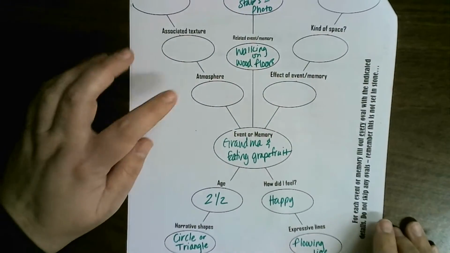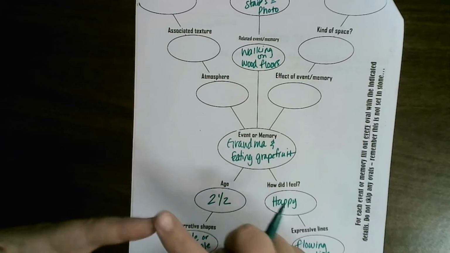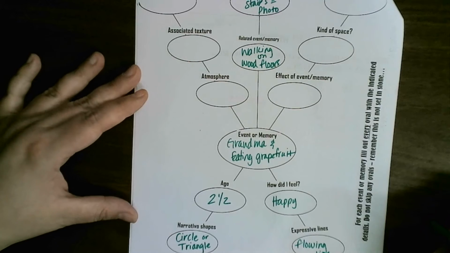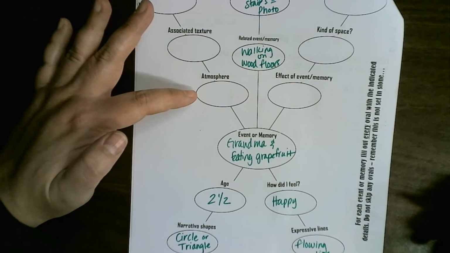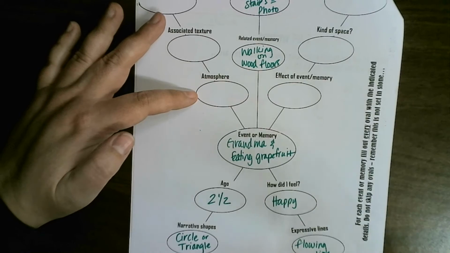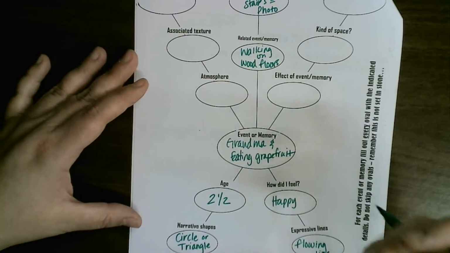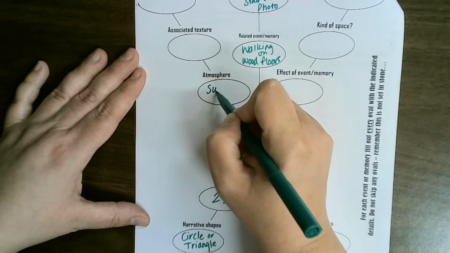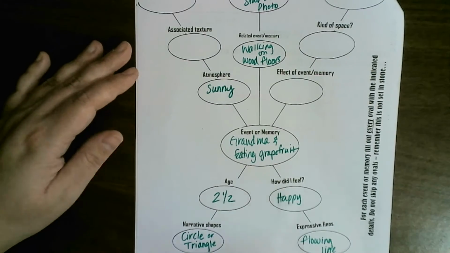All right, so what do I remember as far as the atmosphere goes? How was the actual environment? Was it windy? Was it snowy? Was it cold? Was it rainy? Was it hot? Some of you might get a little deeper and say, oh, the atmosphere in that situation was overwhelming to me. I felt like I couldn't breathe, etc. So for me, it was sunny, and I remember light kind of streaming in the window.